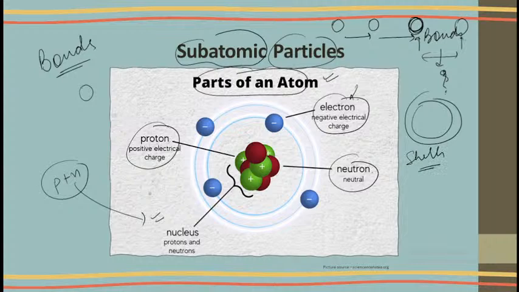This is what we study in class 9th or 10th, where we study the various rings, named like the P ring, Q ring, if you all remember. These are the electrons, and inside the rings we have the main nucleus of the atom, where we have the proton and the neutron, right? Now when one atom and a second atom join together, what do they form? They form the element, and these elements form the various molecules that we have.